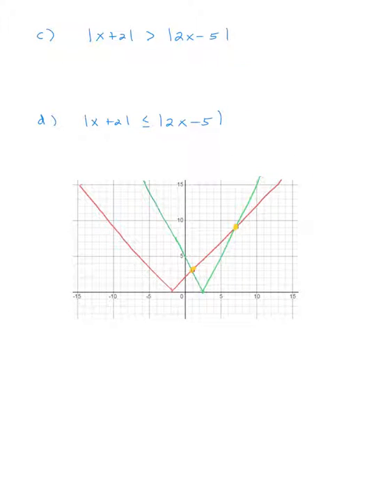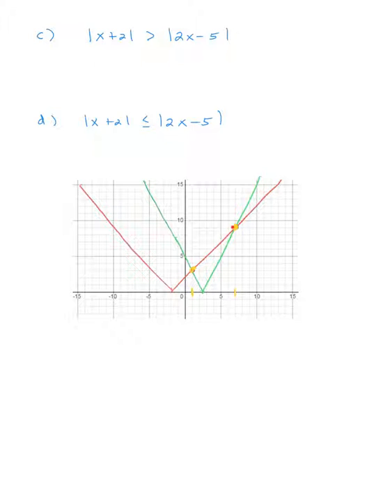All right, C and D could be a little bit more difficult to see, but let's start with this one. So here's the graph of x plus 2. I want to know, where is it bigger than the green graph, which is the absolute value of 2x minus 5? Okay, I know where they're equal. That was at 1 and 7.